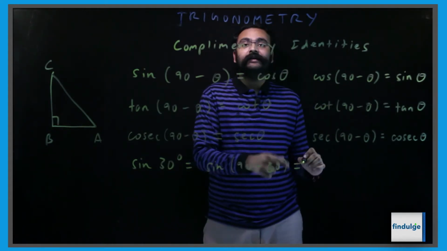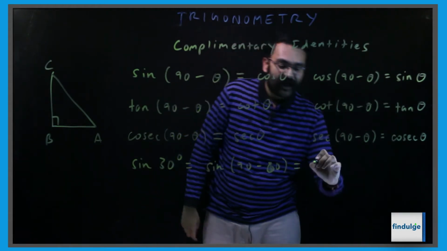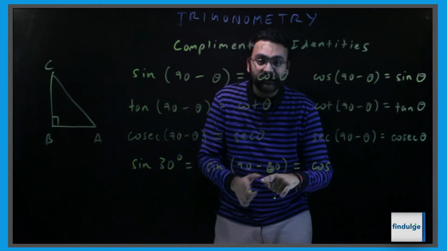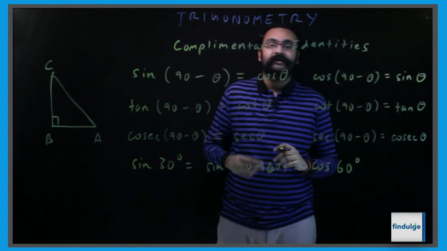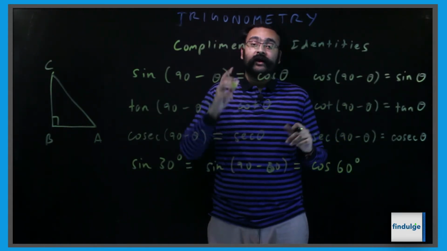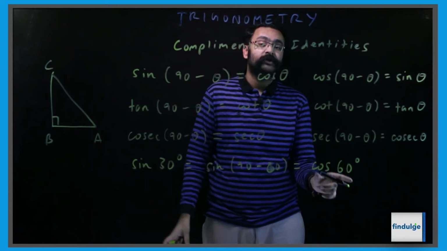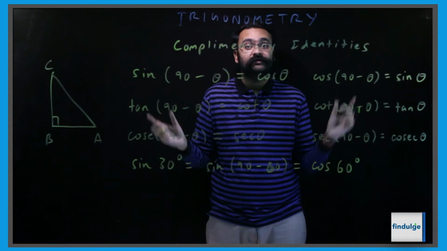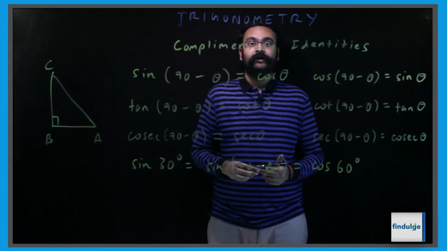Now sine 90 minus theta I replace with cos theta, or cos 60. And if you remember from our table, sine 30 is half, cos 60 is also half. So there it is equal. Here we can also see that it's equal.